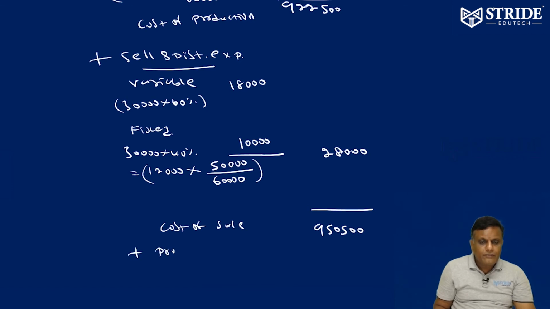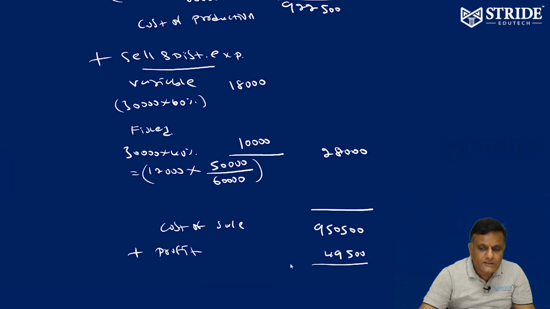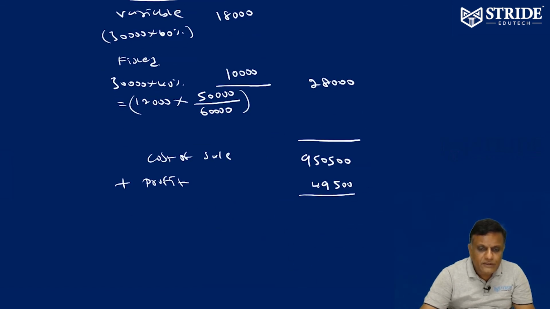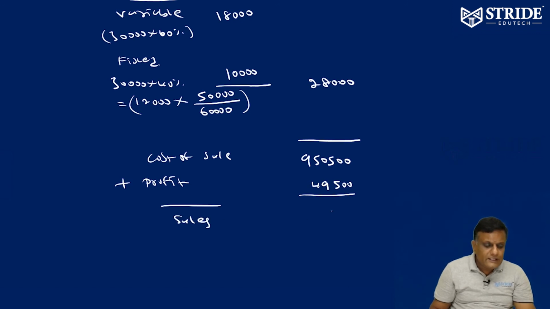With this cost of sale, you find the profit. This profit is the missing figure. Sales we already have, 10 lakhs. So 10 lakhs minus cost of sale 9,50,500 is a profit of 49,500.